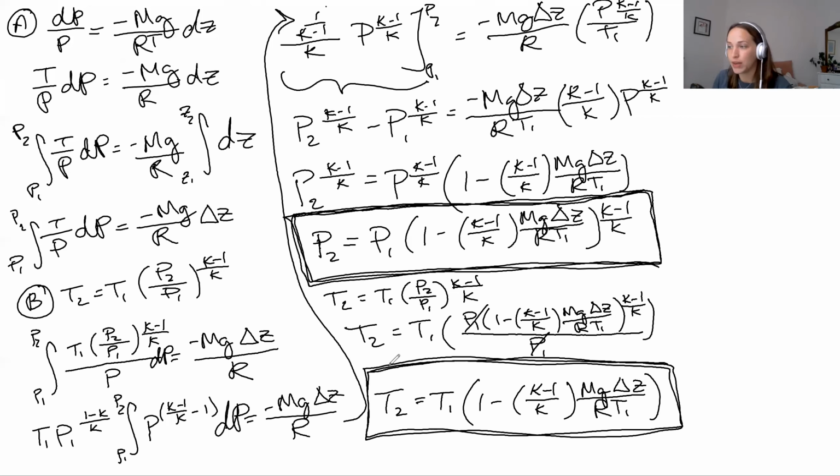So now we have both of our equations, and these equations give that temperature pressure relationship with altitude in an isentropic atmosphere.